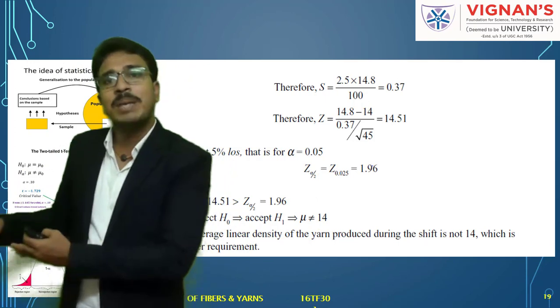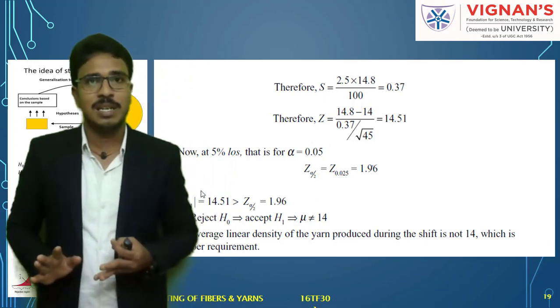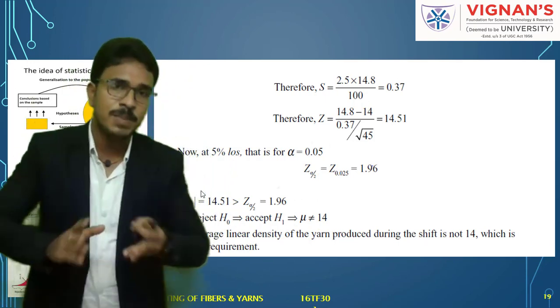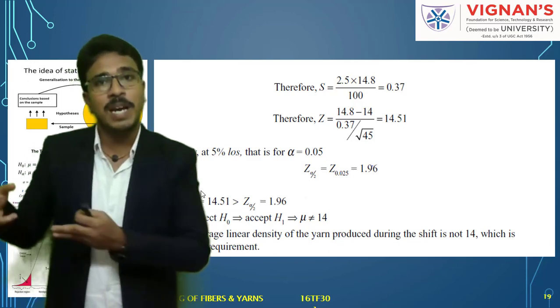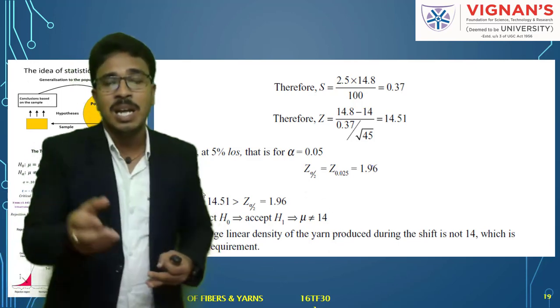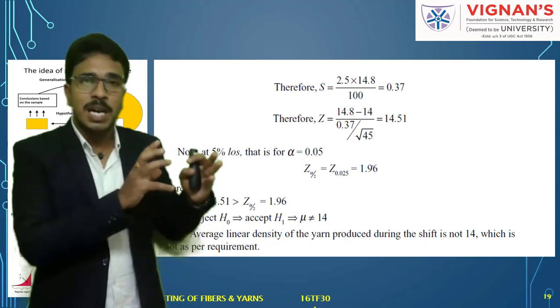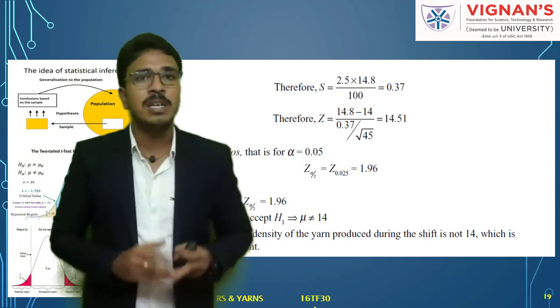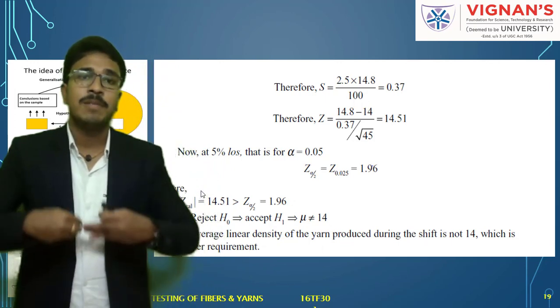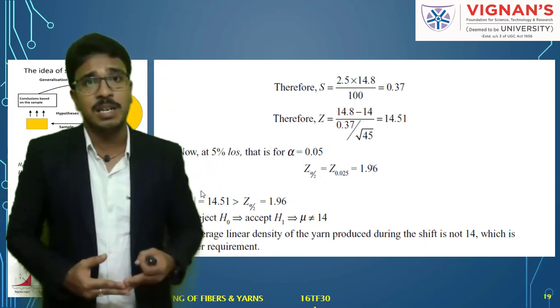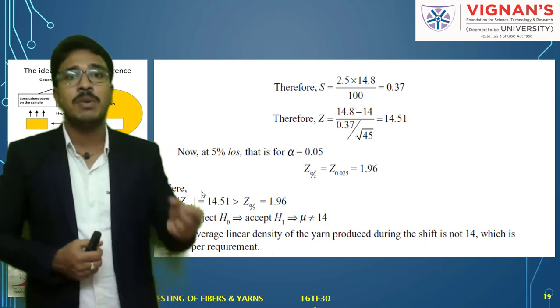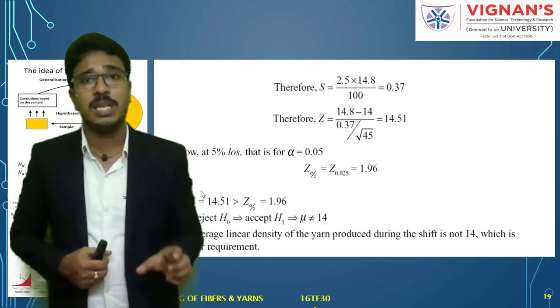There is a 5% chance of defect. So that 5% is nothing but the level of significance. So in the problem, if they have given the level of significance, we have to take it. If no level of significance is given, we have to assume that it is 5% only.